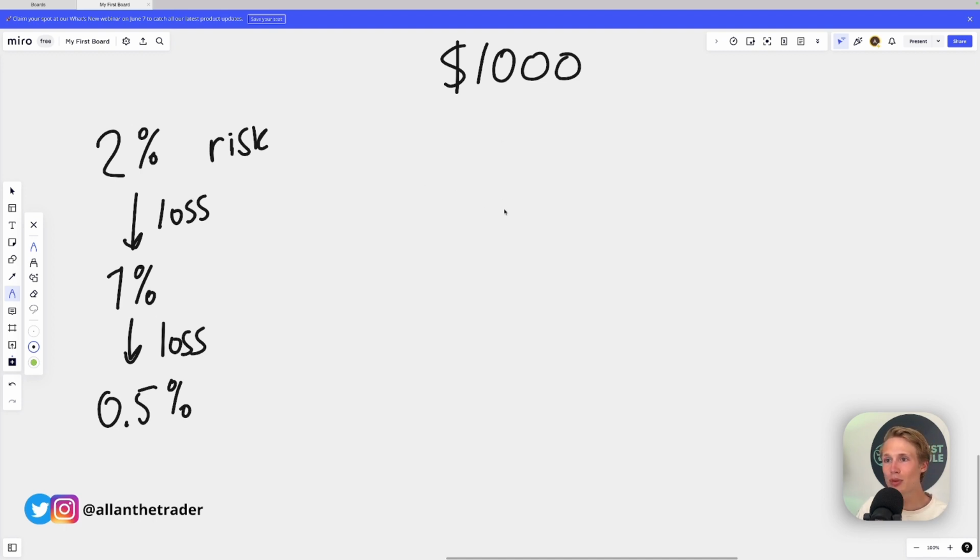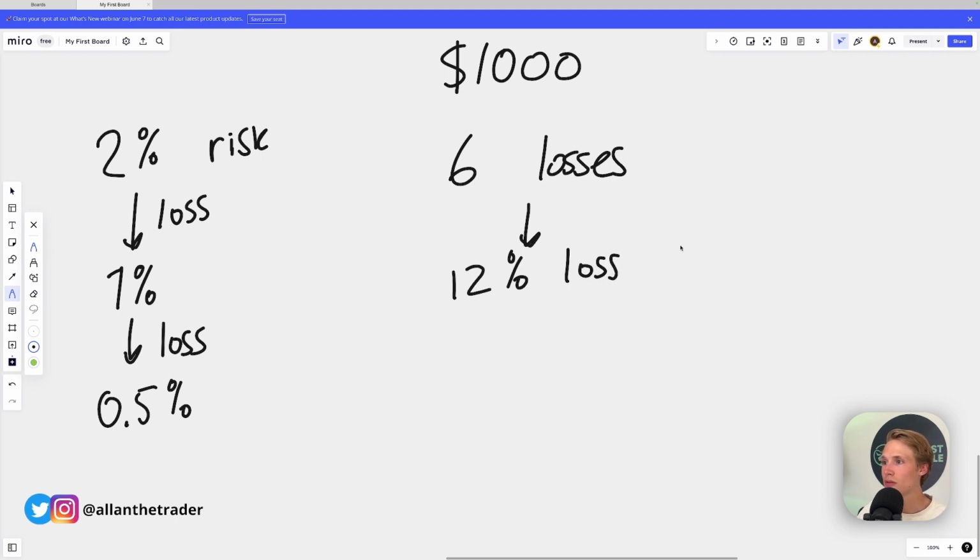So for example, let's say you're on a losing streak of 6 losses. Normally, if you use 2% risk, to just use an easy way of calculating it, you've lost 12% of your account. It's not really 12%, but it's about 12%, okay? So let's say you lose 12%.